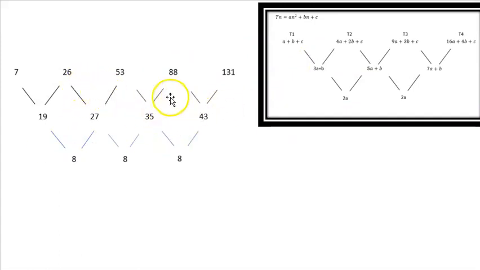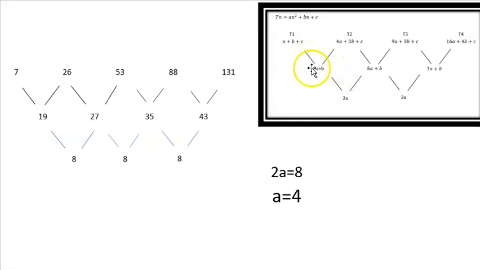So let's go back to the previous example. So here we have 7, 26, 53, 88. Yeah, it's the same example that we had. So now because we've got the common difference at the bottom, we set 2a equal to 8, because that's where 2a appears on our diagram at the top. So we set 2a equals 8, and we find a is equal to 4.